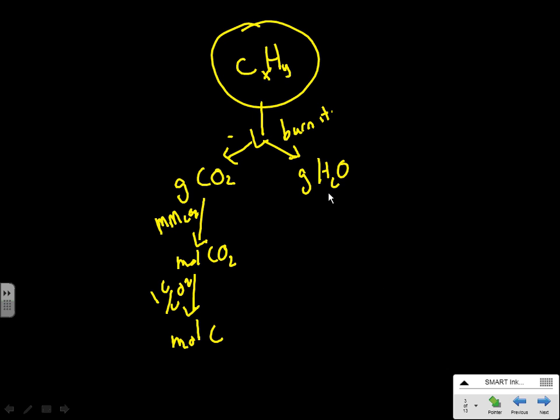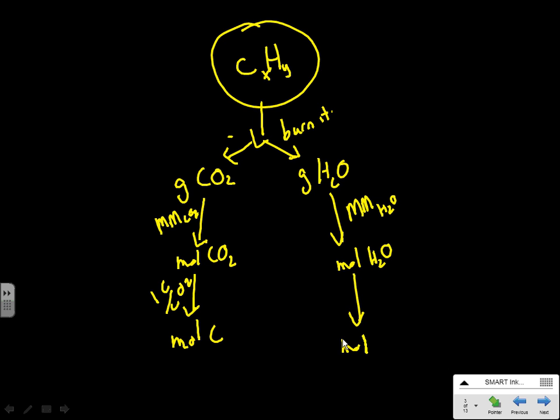So for water, I'm going to do the same type of thing. How am I going to convert my grams of water to moles of water? Yeah, the molar mass of what? Of water, because I'm dealing with water right now. So I need the molar mass of H2O, because I've got grams of H2O and I want to convert it to moles of H2O.